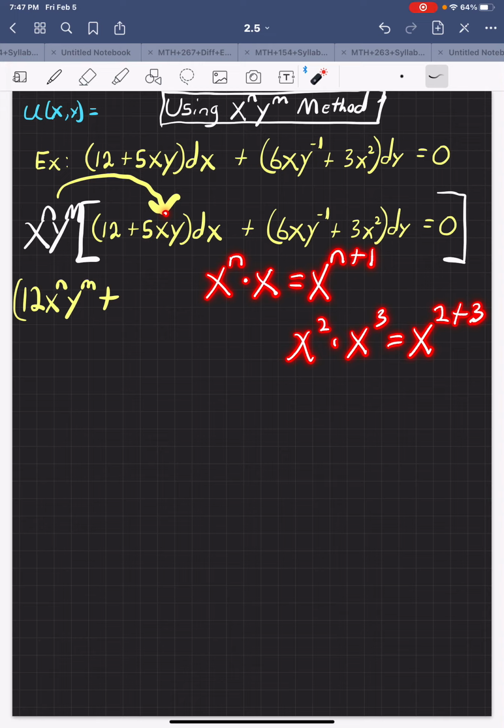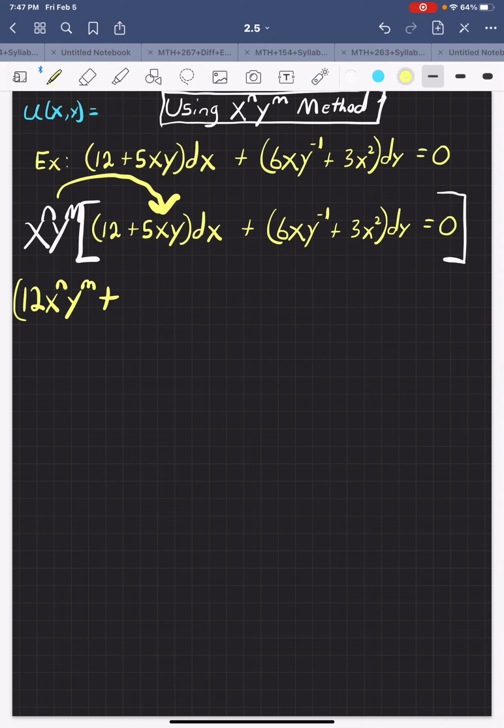So this is going to end up becoming 5x to the power of n plus 1. Now we have to do y. So y times y to the power of m is going to be y to the power of m plus 1.